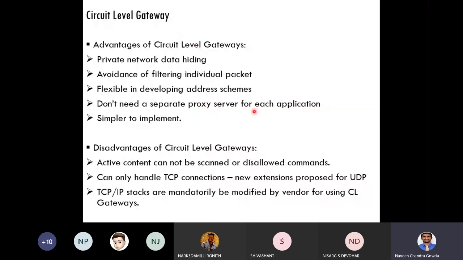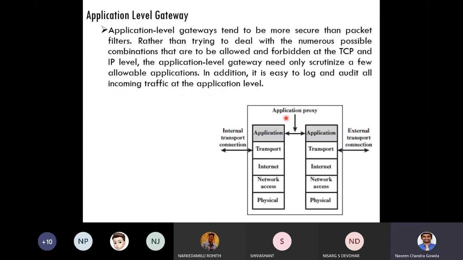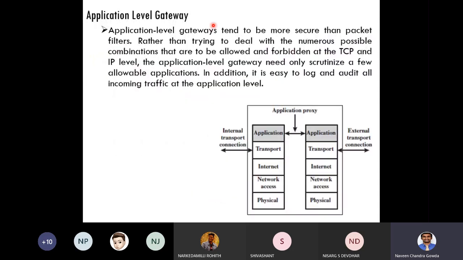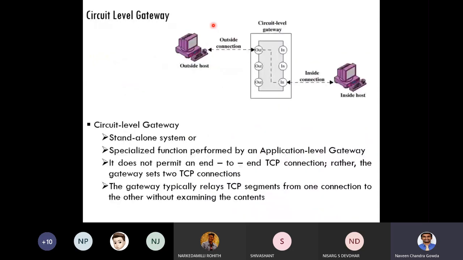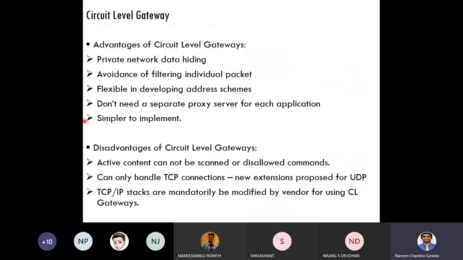If you remember, in the application level gateway you need a proxy server for each application, whereas here you don't need a separate proxy server for each application. That is the very important advantage of the CLG, the circuit level gateway, when you compare it to the application level gateway.